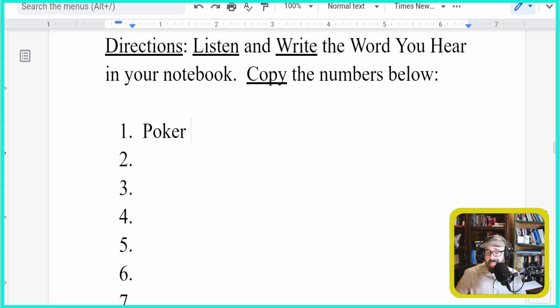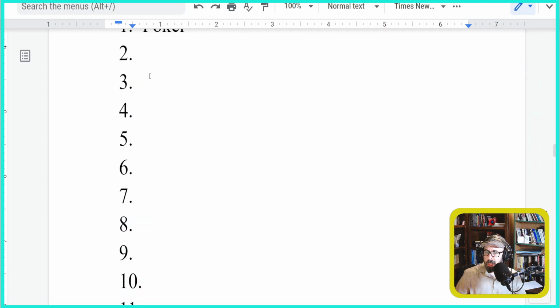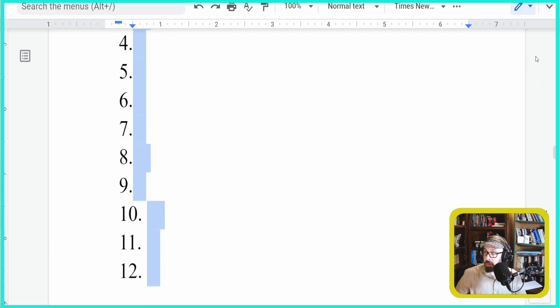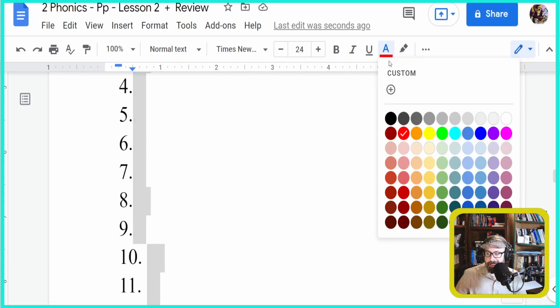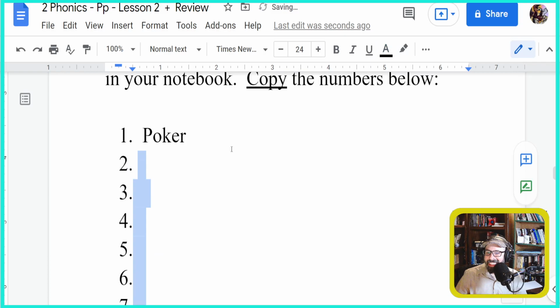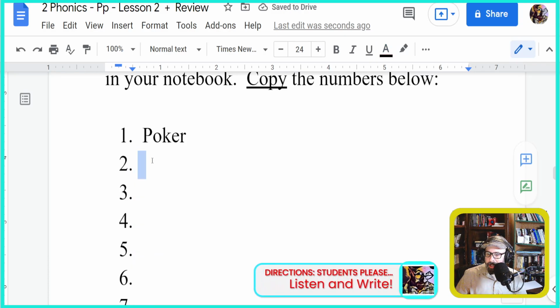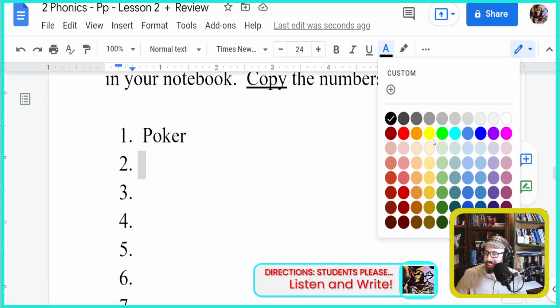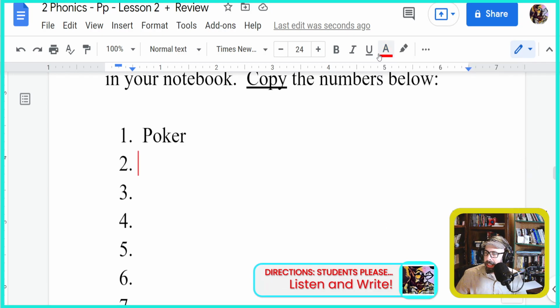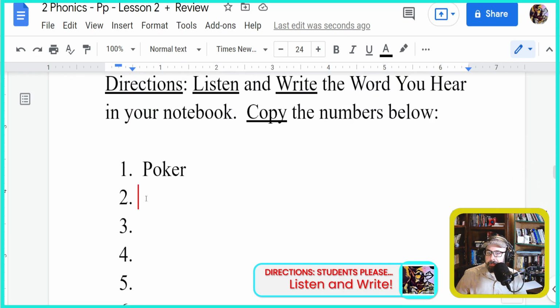Press. Let me get this fixed. It's trying to write everything in red color. This one is not cooperating. There we go.